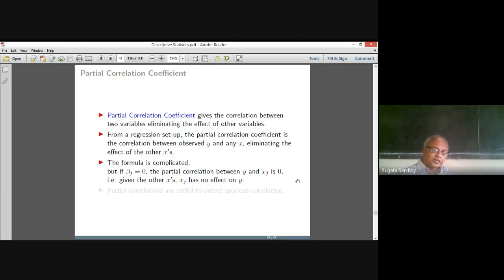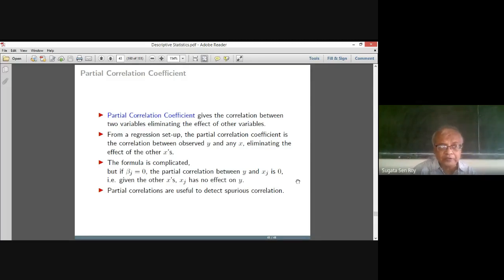Okay, so when you look at partial correlations versus total correlations, in total correlations we do not eliminate other variables. But when we look at partial correlations, we have to eliminate the effect of other variables and just look at the two variables with no influence from the others. And in a regression setup, this is exactly what the individual betas do.